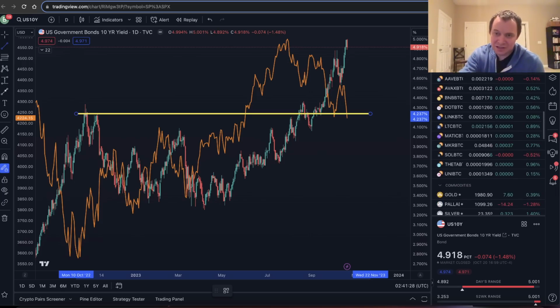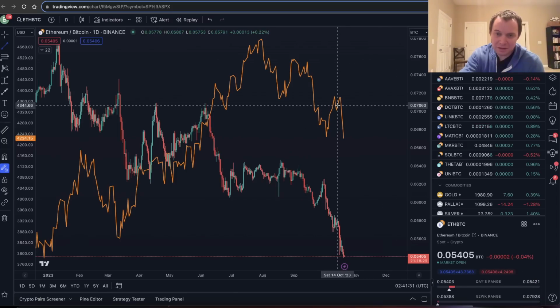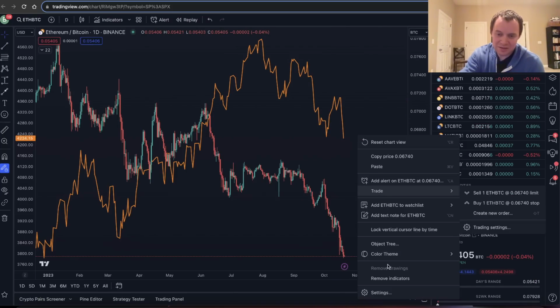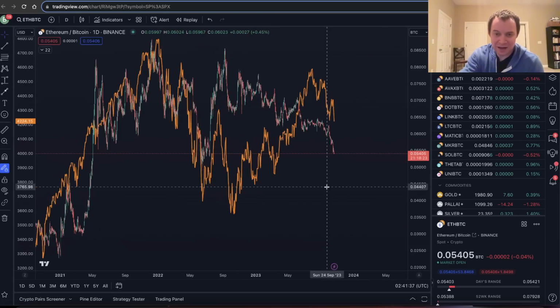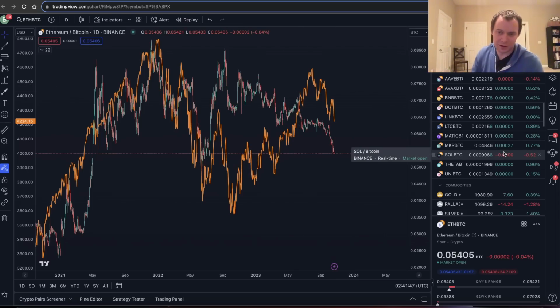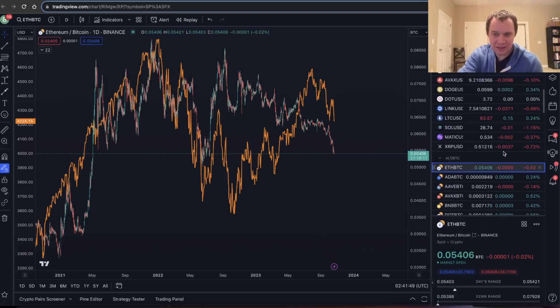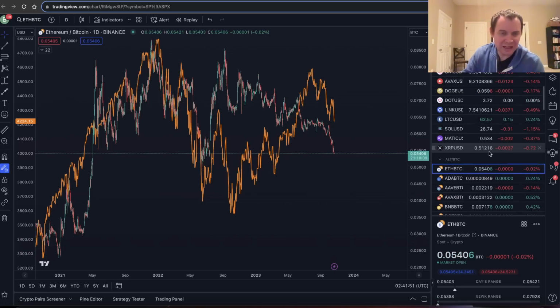Again, as a reminder, look at the Ethereum Bitcoin valuation. You can see that it's absolutely capitulating right now. So it's happening across all, or at least a lot of markets. Bitcoin is up, but again, I think it's mostly due to liquidity from the altcoin market going into Bitcoin.